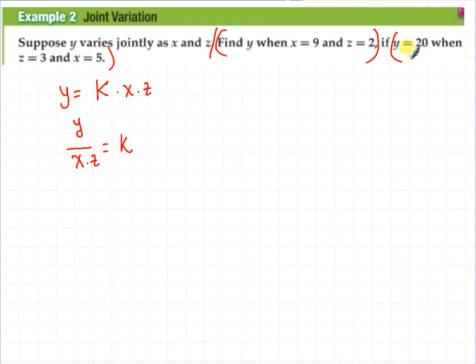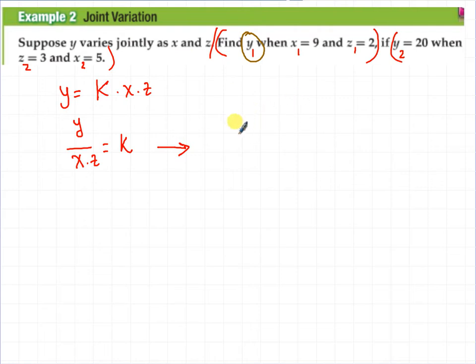Okay, so from this I build up my proportion or my ratios. So again, I will call them y1, x1, z1, y2, z2, and x2. If you notice here, the variable I'm looking for is y1. Okay?